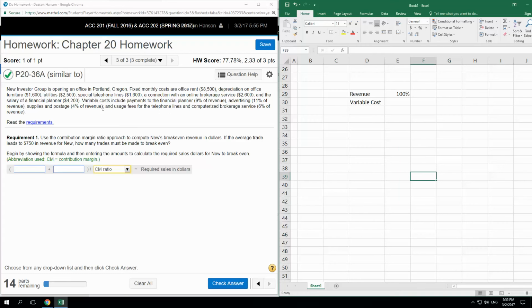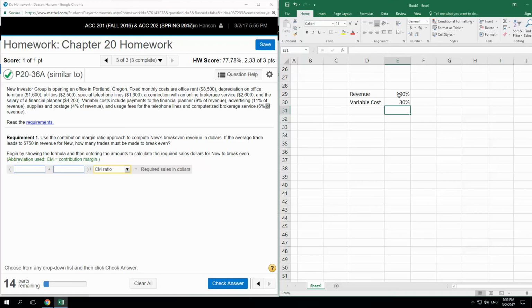The first variable cost is the financial planner at 9%, and then advertising is 11%, so we're at 20% now. Supplies and postage is 4%, so I'm at 24%. Usage fees for telephone lines and computerized brokerage service is 6%. So my total variable costs are 30% if I add up all those percentages. You see what I did?